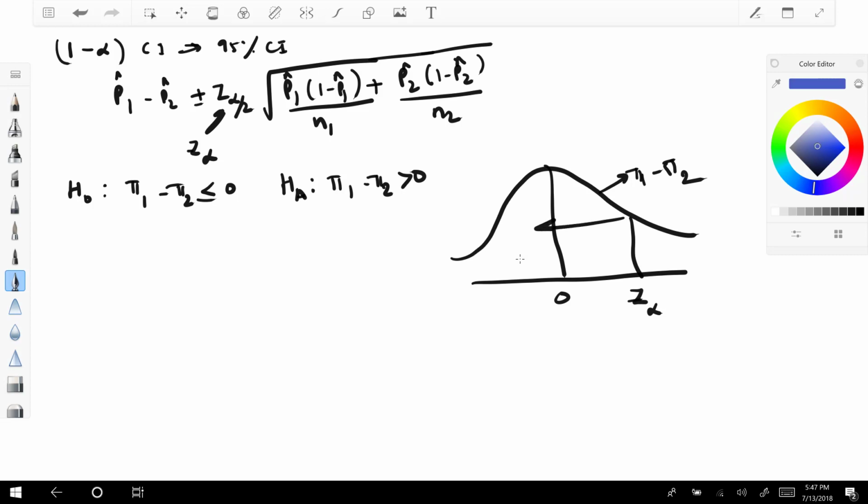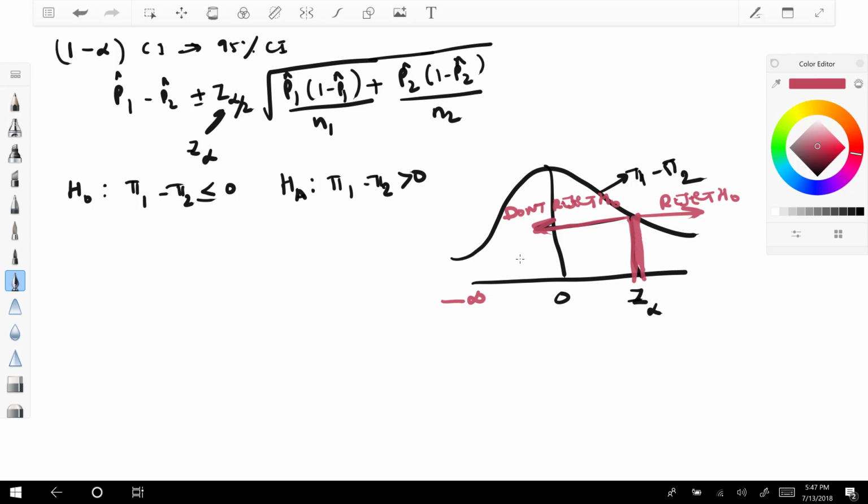Let me use a different color. This is don't reject H null, and this is reject H null. So it runs from minus infinity to Z alpha, and this is the upper bound.